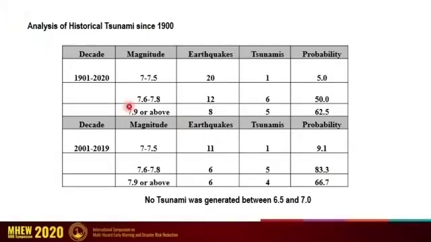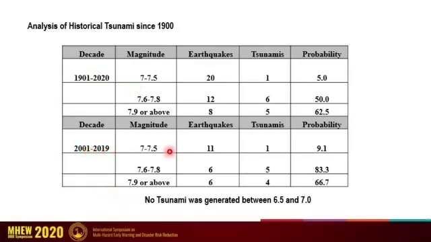These are the categorizations of tsunamis and earthquakes for different magnitudes for the whole period 1900 to 2020, and for 2001 to 2019. This represents 1900 to 2020, and this graph shows 2001 to 2019.